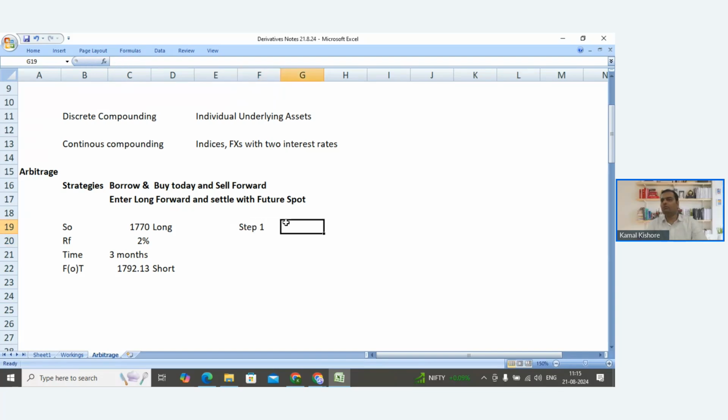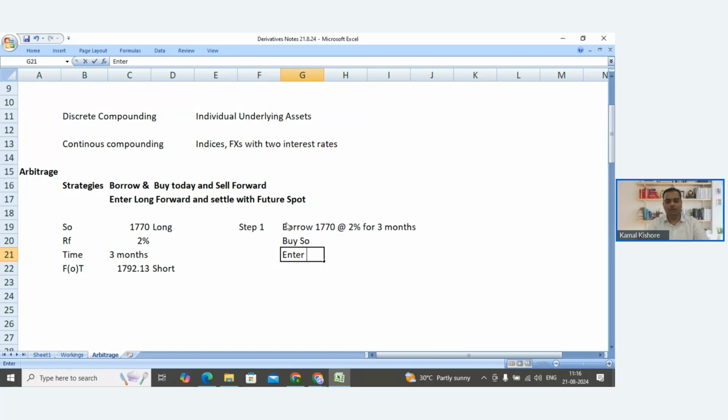Step 1. What I will do to make an arbitrage gain? How do you generally make an arbitrage gain? You don't put in your money. In speculation and all, you don't put in your money. You borrow, you take risk, you leverage. So here also, how does it work? Borrow 1770 at 2% for 3 months, buy S0, that is today.